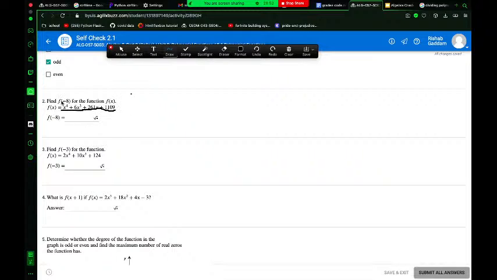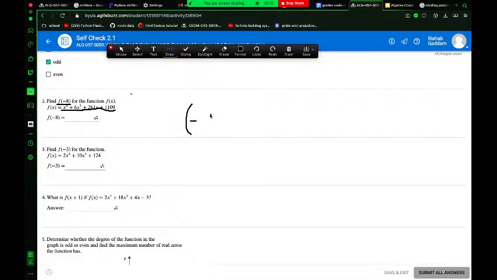So how exactly do you do this kind of problem? Basically you have to substitute -8, because it says find f of -8 for the function f of x. So you're supposed to replace wherever you see x with -8. So that's super easy also.